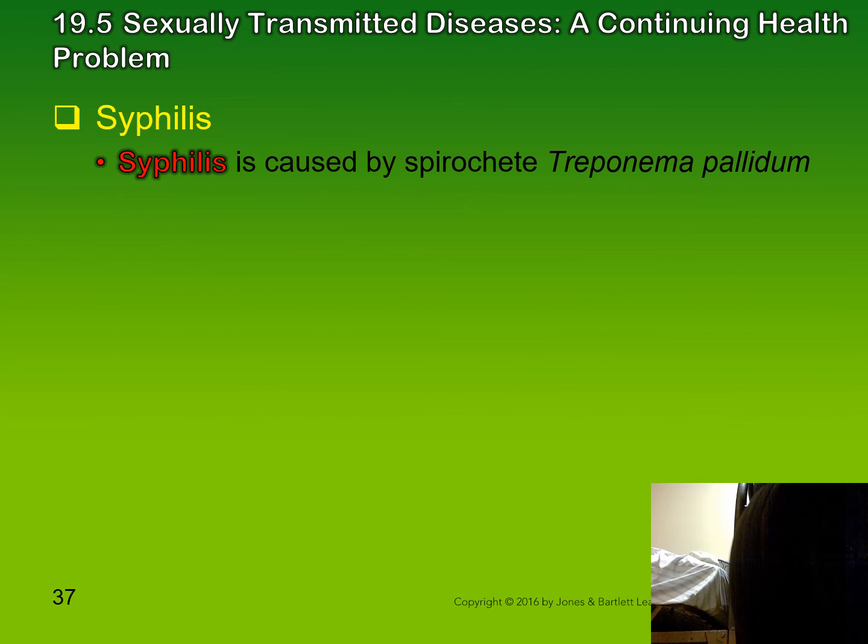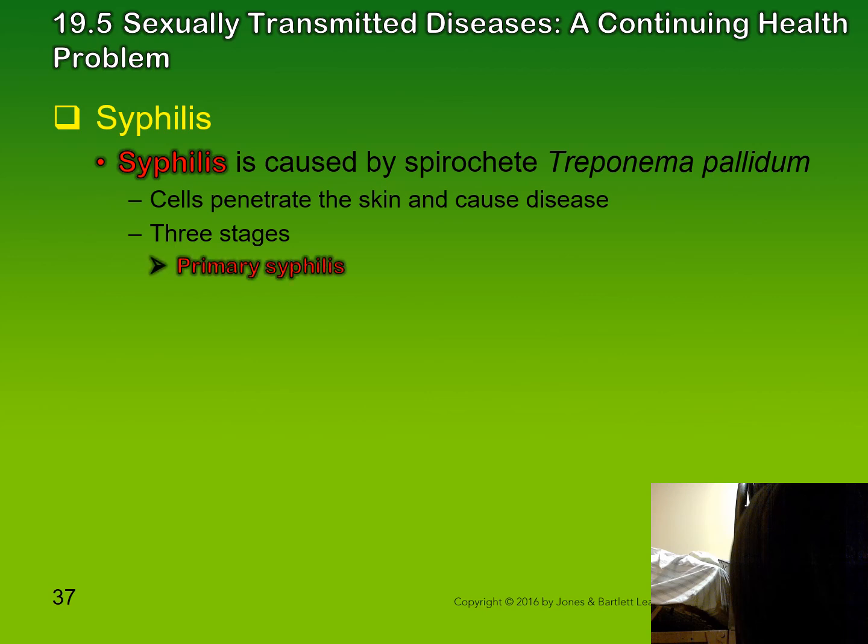So syphilis is caused by the spirochete Treponema pallidum, and the cells are able to penetrate the skin and cause the disease. There are three stages of syphilis.